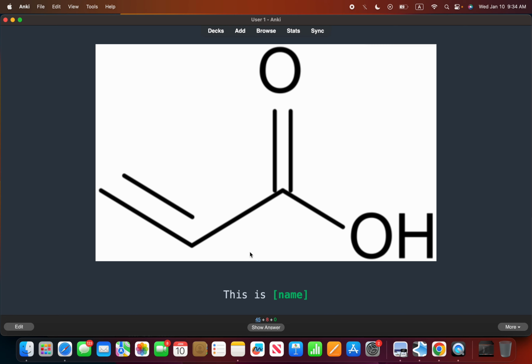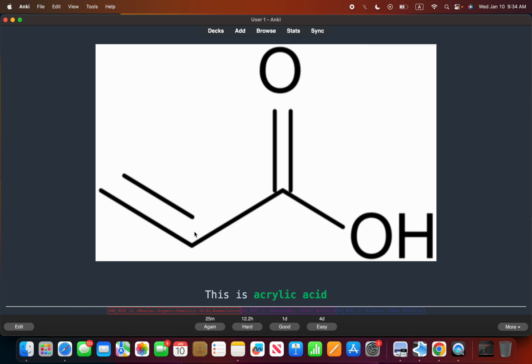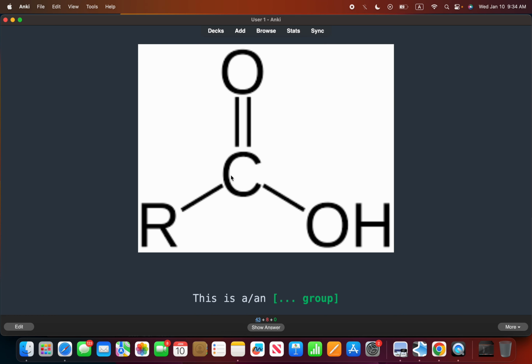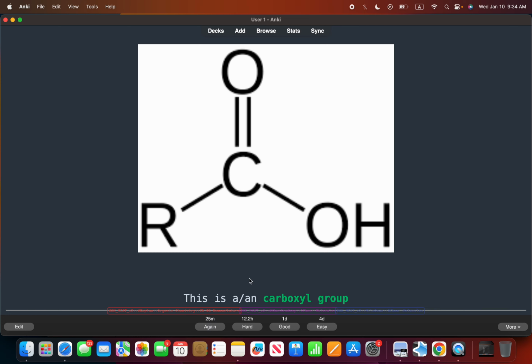It doesn't have a name. So this one is not a group. This is a carboxylic acid. So it's acrylic acid. And then this one is a carboxylic group. Carboxyl group.